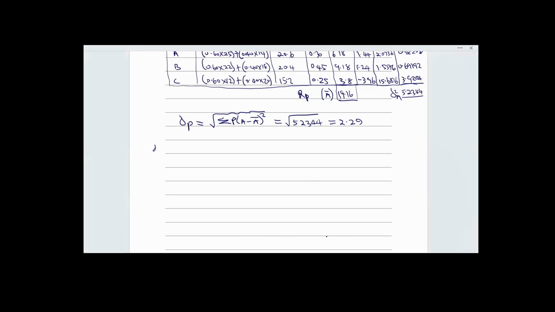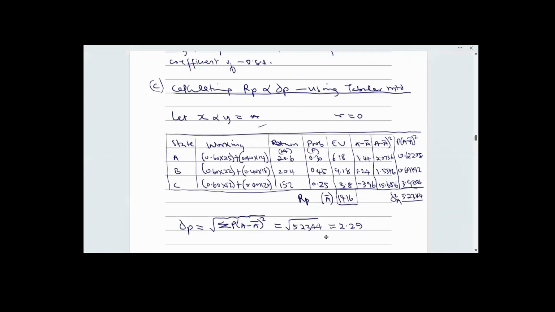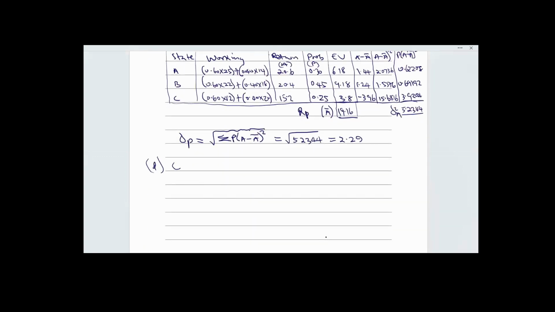Therefore, number D: calculating the return of the portfolio and then the risk of the portfolio using general formulae.